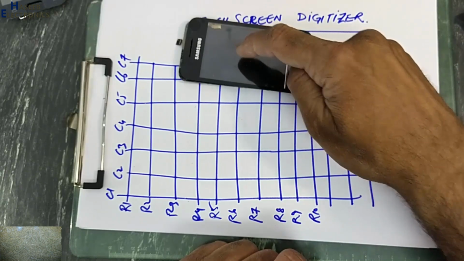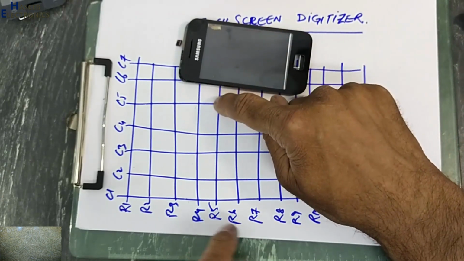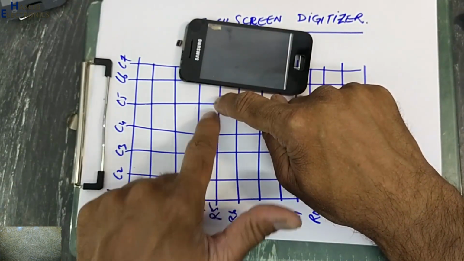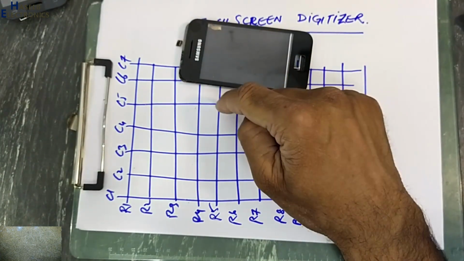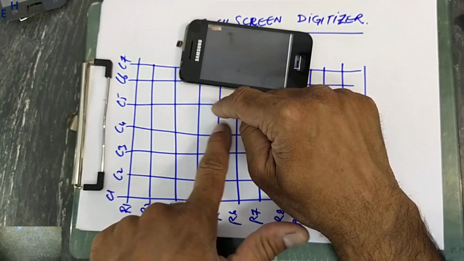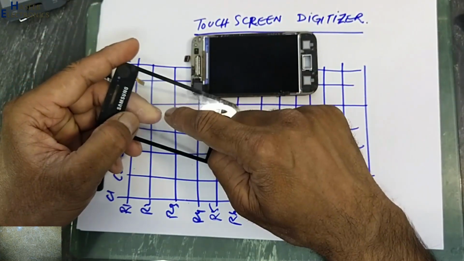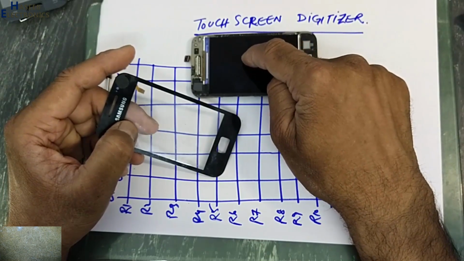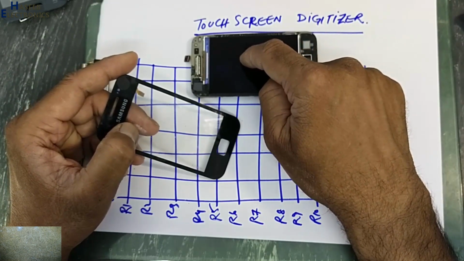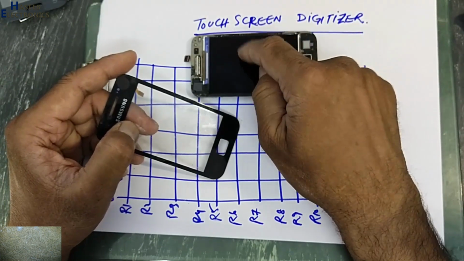Here is gallery. If I touch this area, R5, C5, it will open that file. That file is linked with this reference, R5, C5. We are touching here, processor will read this address and it will decode the portion of this icon and it will open the linked file to this icon.